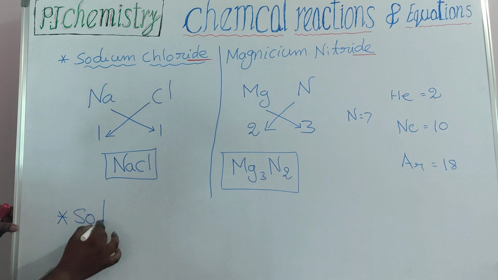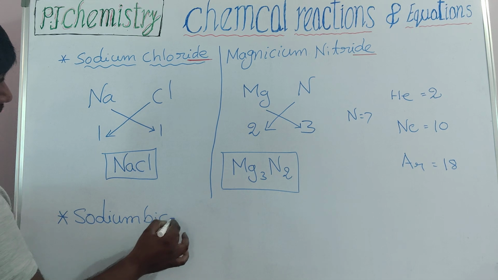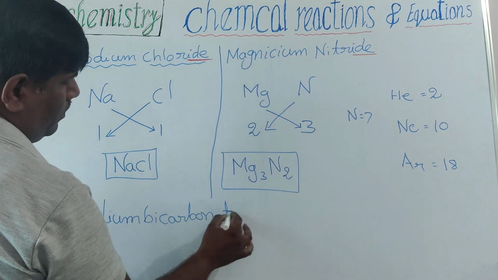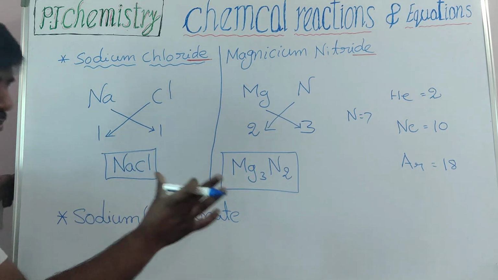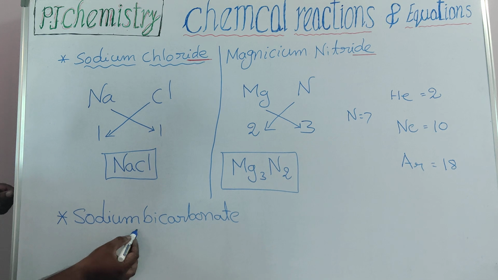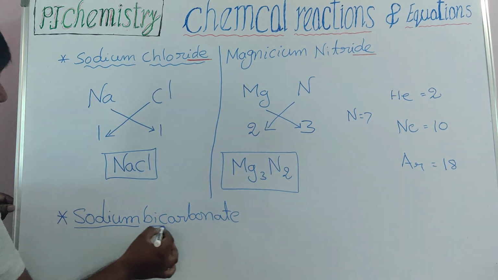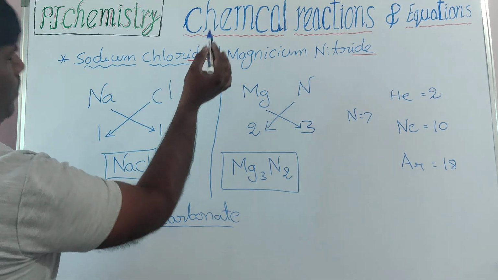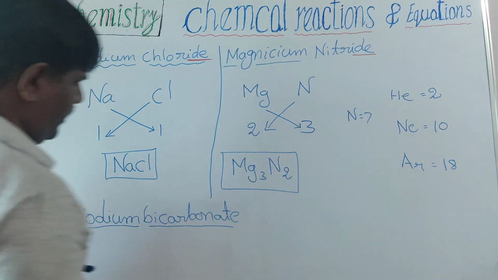Sodium bicarbonate. The given formula splits into 2 parts. First part sodium, second part bicarbonate. Here also first part sodium, second part chloride. Here also first part magnesium, second part nitride.